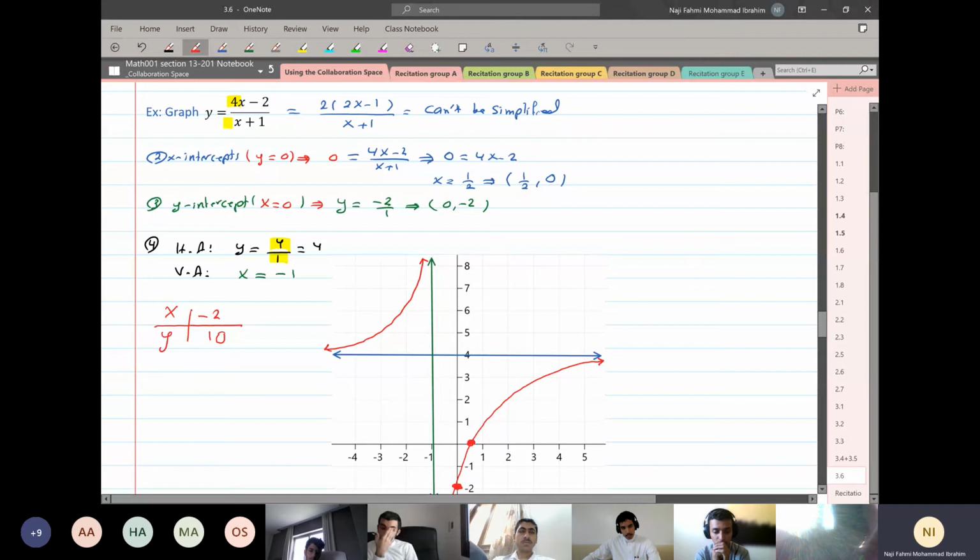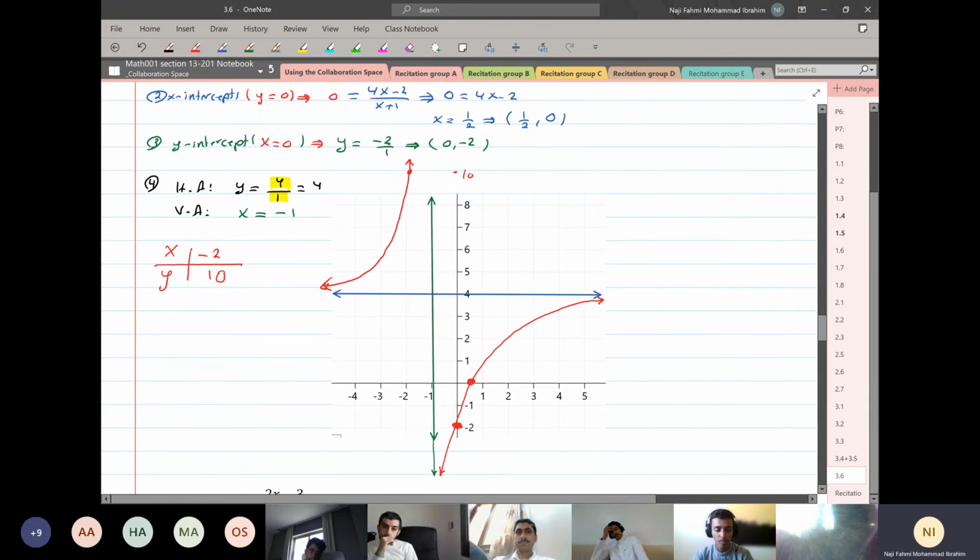I think the answer will be 10. Yes. 10. So -2 with 10, it will be somewhere here. So the graph will be like this. So as you can see, as we mentioned earlier, the two pieces should not be adjacent.